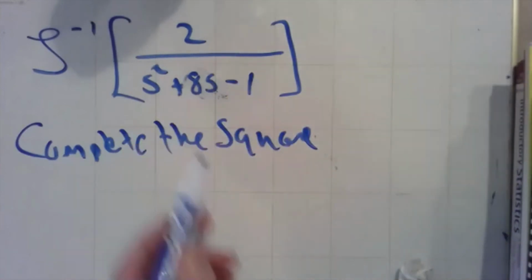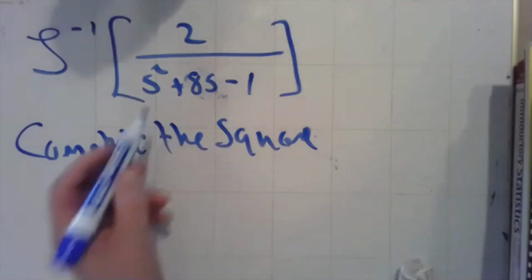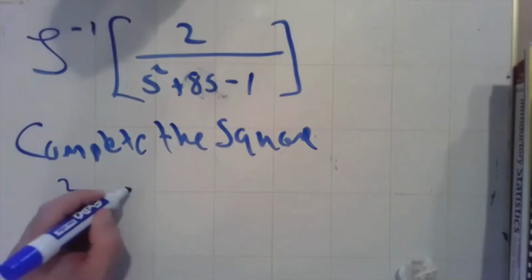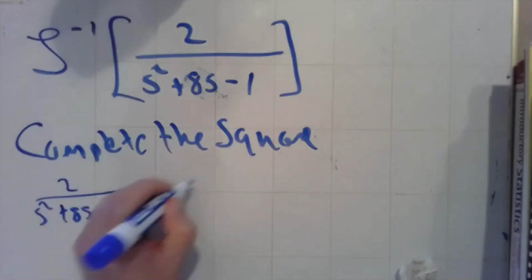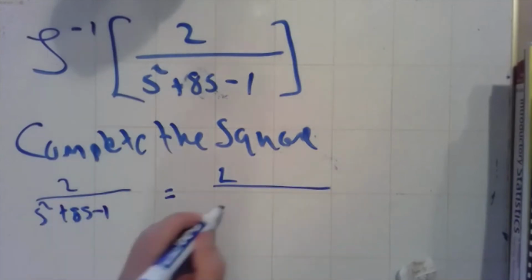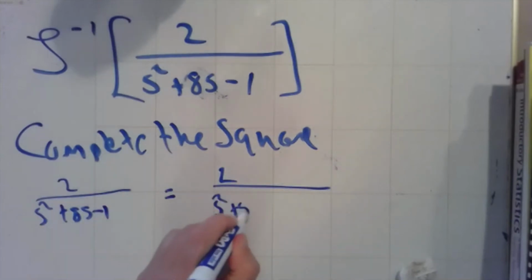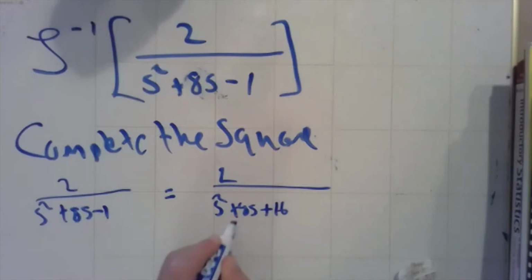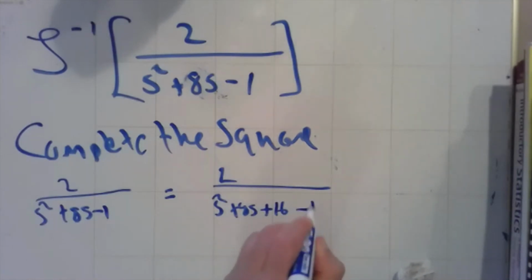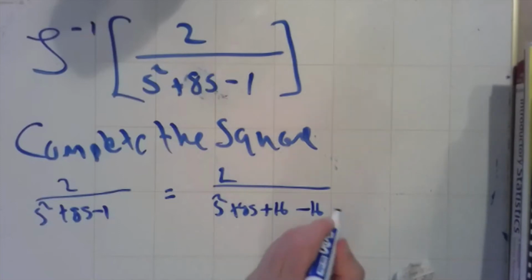In the denominator. So I'm going to rewrite this guy here as s squared plus 8s plus 16, half of 8 squared, minus 16, minus 1.